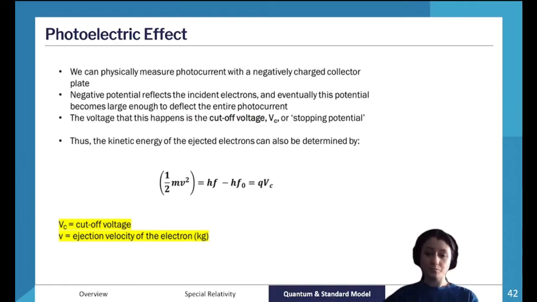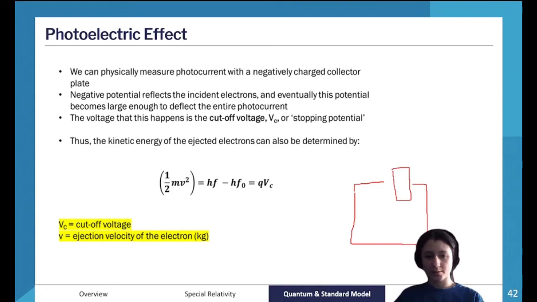Just for a little bit of background, a negative voltage is where you have a negative potential difference. A way you could visualize this is when you usually think about your battery and wire setup, but here we have our little photocurrent apparatus instead of a battery.